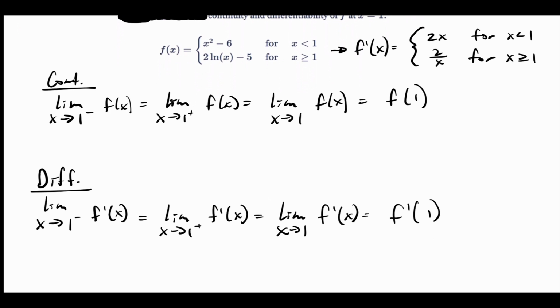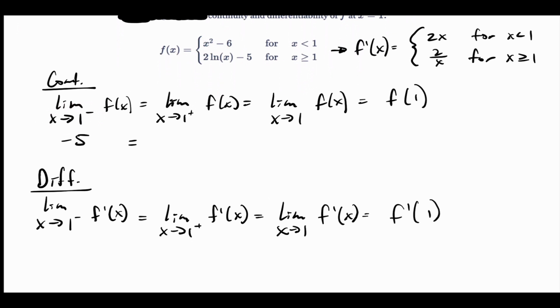Okay. So that's the setup. Found the derivatives. So the top one, we got to plug in 1 to the original. If I plug in 1 from the left side, I'm going to plug it in here. So I'm going to get -5.